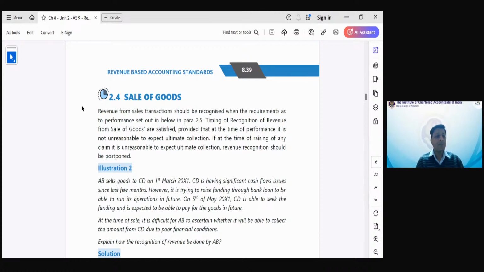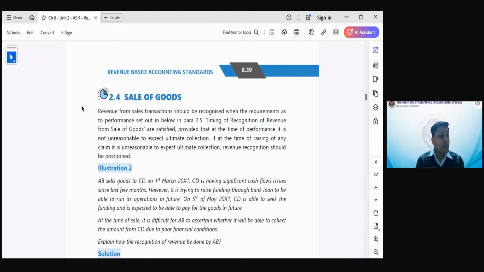Now, at the time of sale, which AB has executed to CD, it is difficult for AB to ascertain whether it will be able to collect the amount from CD due to poor financial conditions.